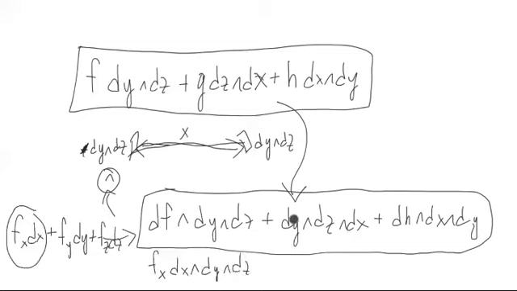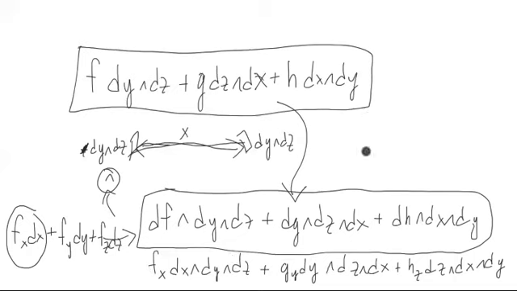Over here, the only thing that'll survive the wedge is actually gy dy. And the only thing here that'll survive the wedge process is hz dz. Then all we have to do is switch all this so it looks like the right order of x, y, and z. First guy is great.